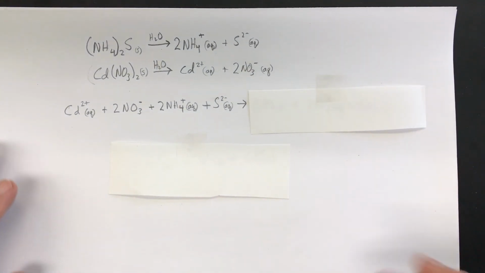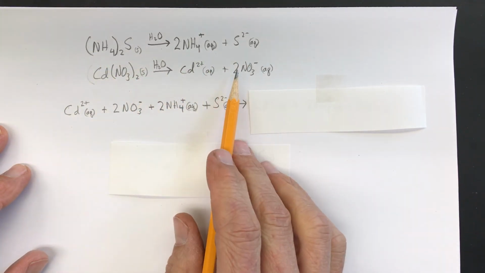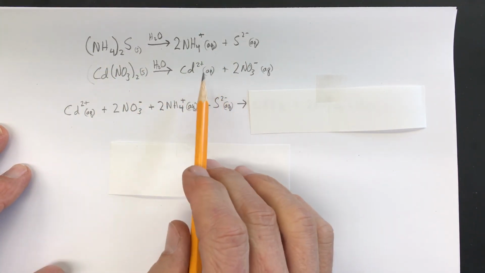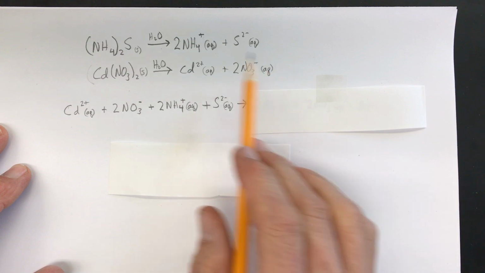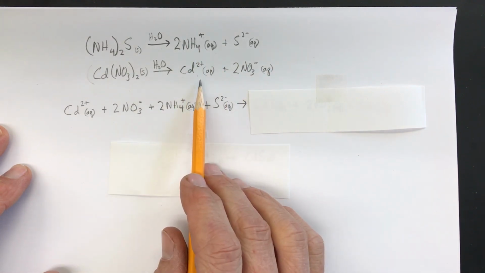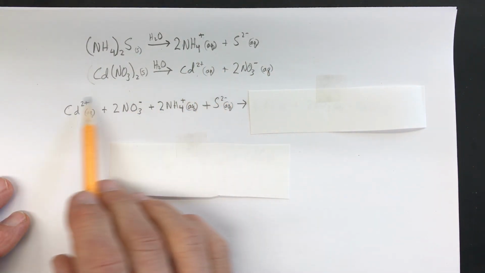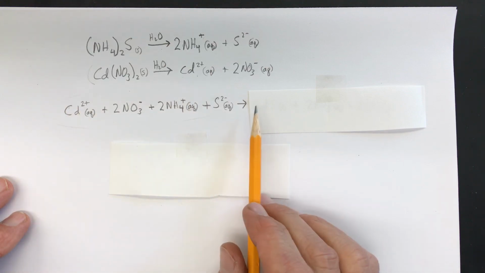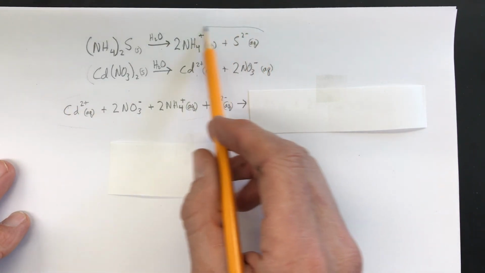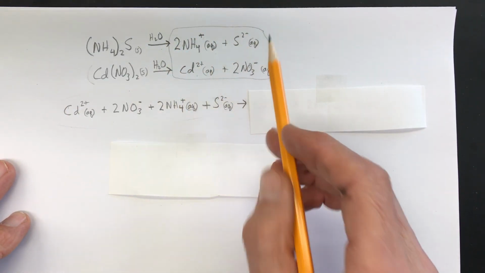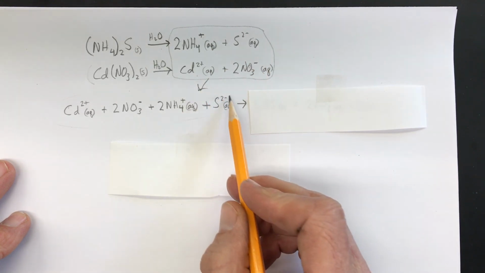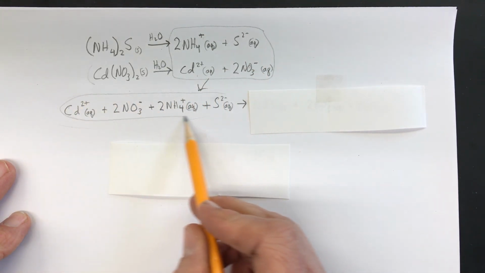So here again are those same two chemical reactions forming 4 ions in 2 different containers. Now when we pour those containers together, all 4 of them are there at one time. So basically this part here becomes this part here.